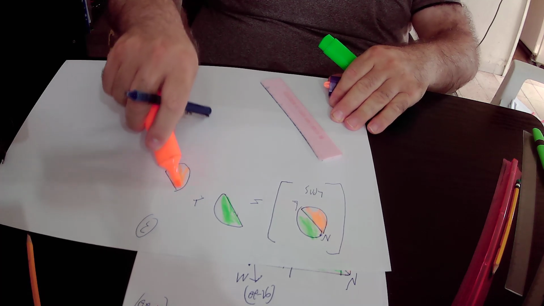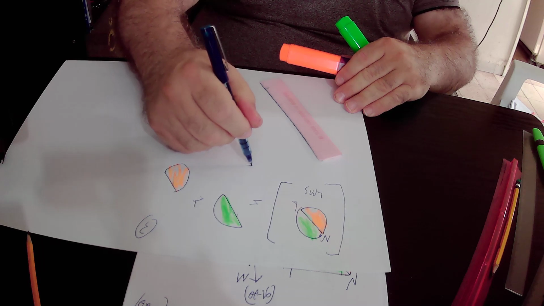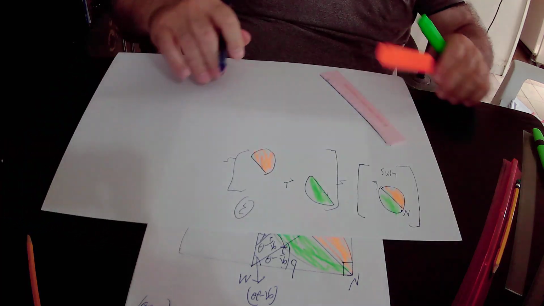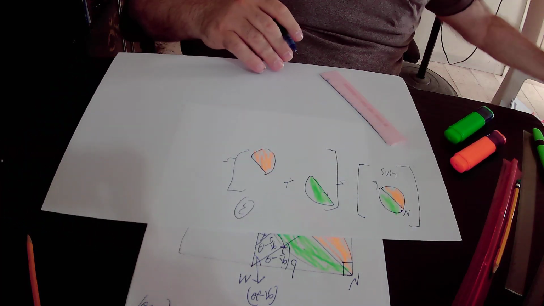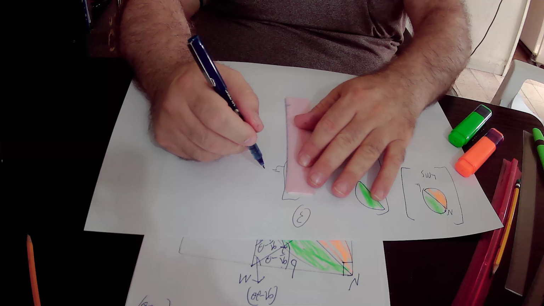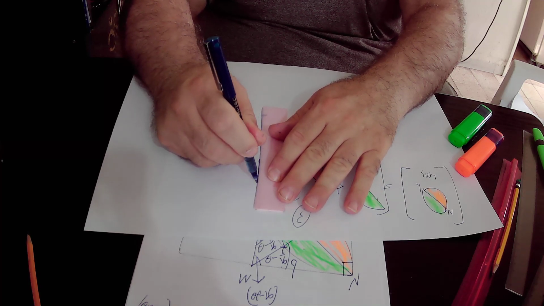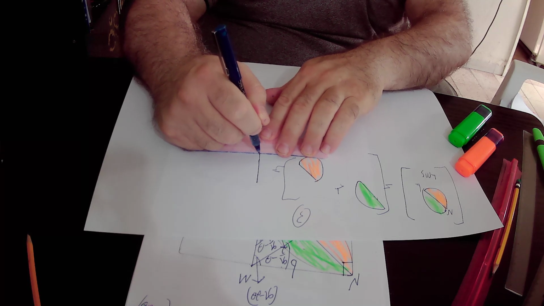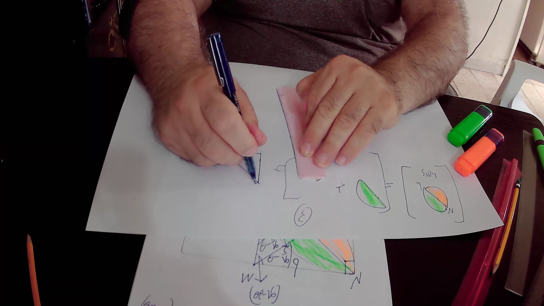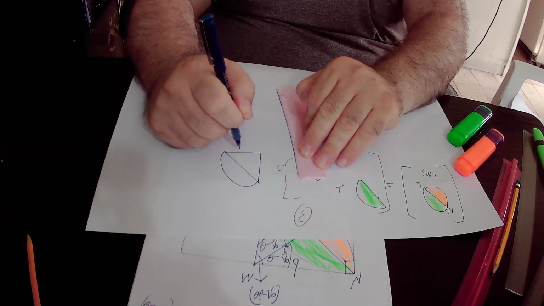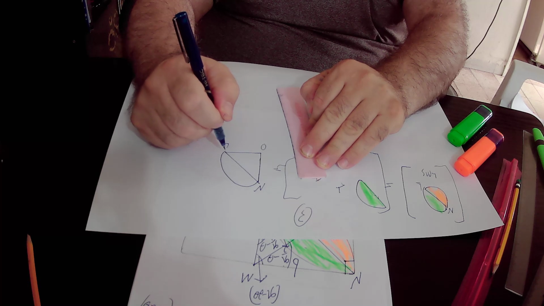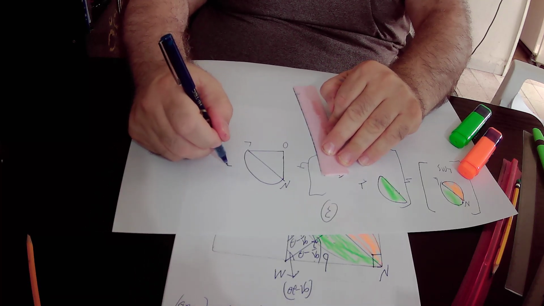And we already found out that the area of the upper circular segment, the green shape, equals the area of sector NOL, this is sector NOL, minus the area of triangle NOL.